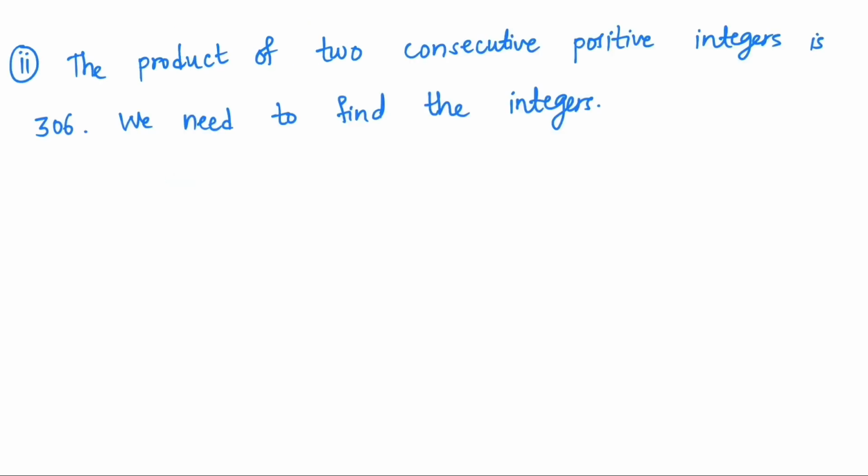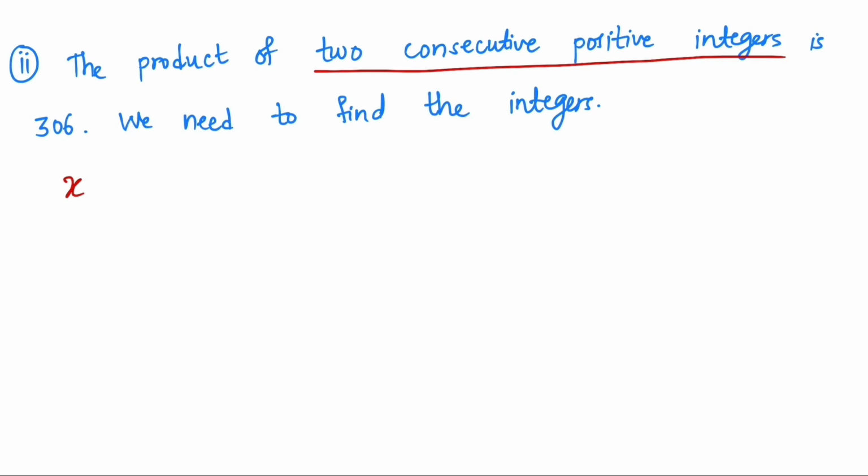The next question is, the product of two consecutive positive integers is 306, and we need to find the integers. So we have to find a quadratic equation for this problem. Here two consecutive positive integers means, suppose we take integer x.